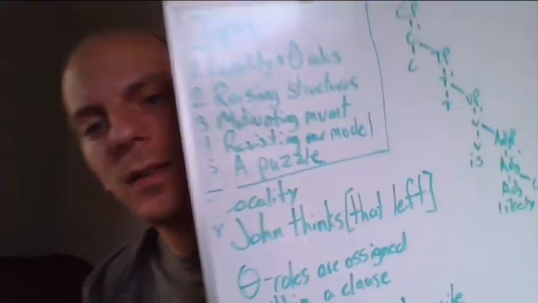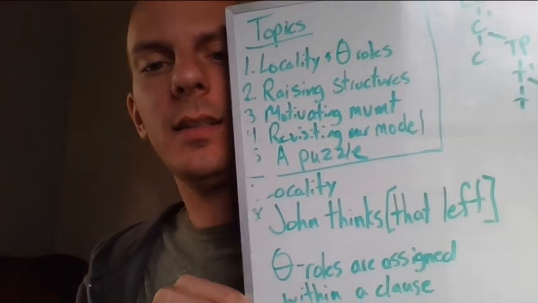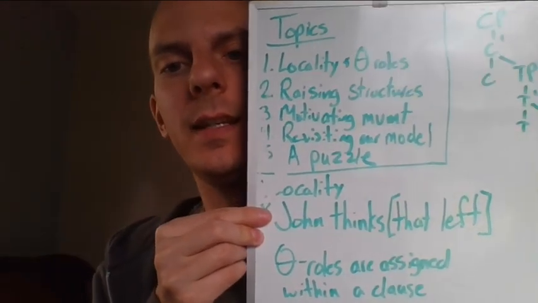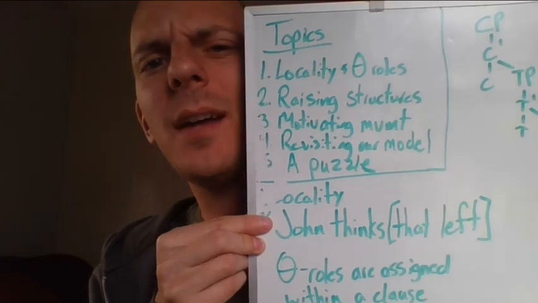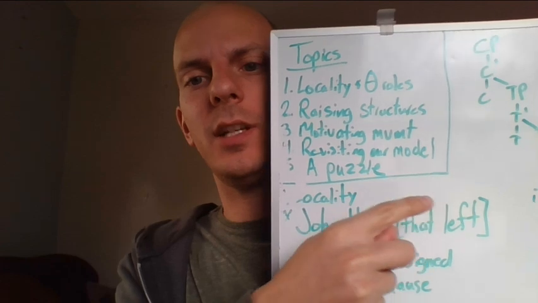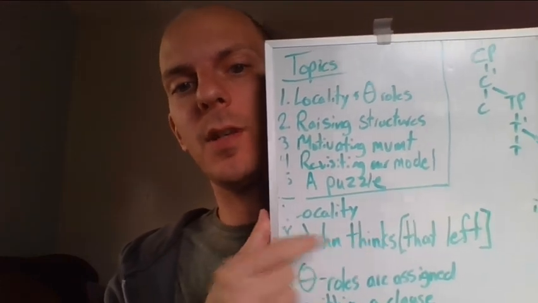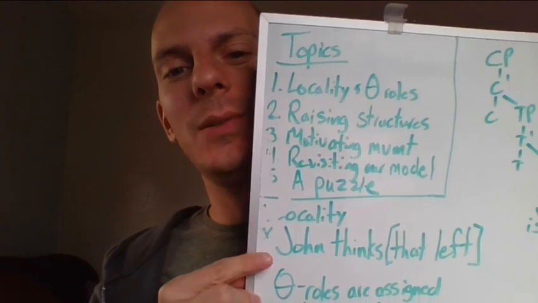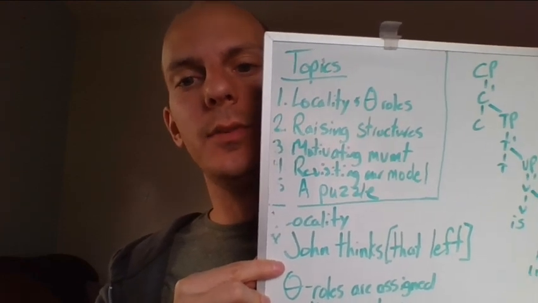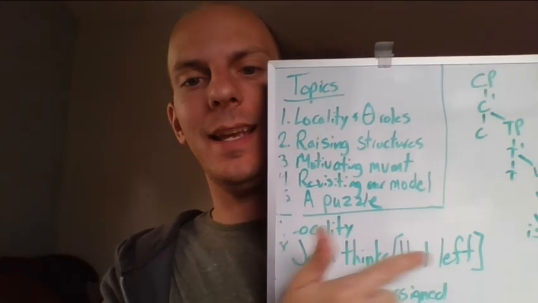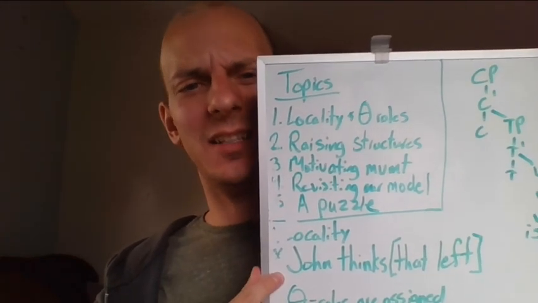So take a look at this sentence over here. If we get this sentence, like John thinks that left, where what we're after here is that John left, John is actually the subject of the leaving, maybe also the subject of the thinking. John thinks that John left, but minimally it has to occur for John to be the leaver, the agent of the leaving in this sentence. It can't be here.